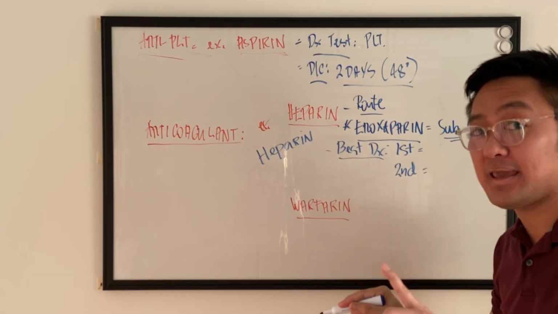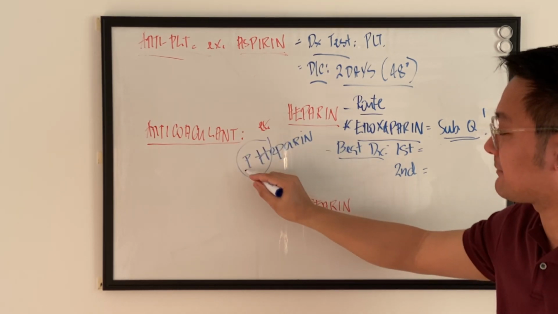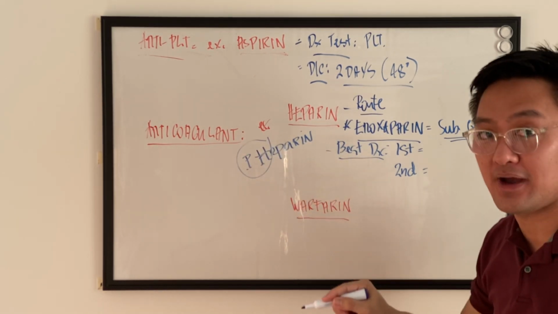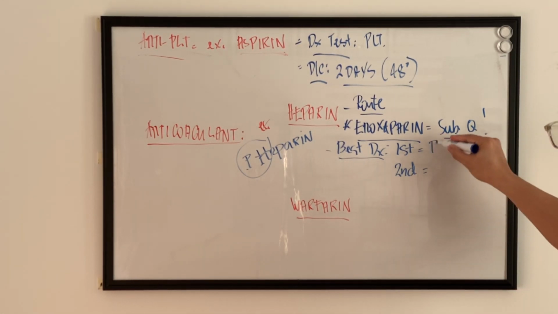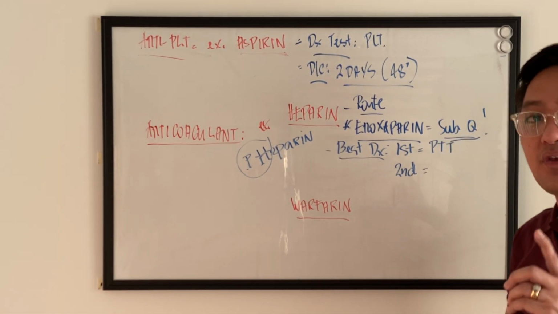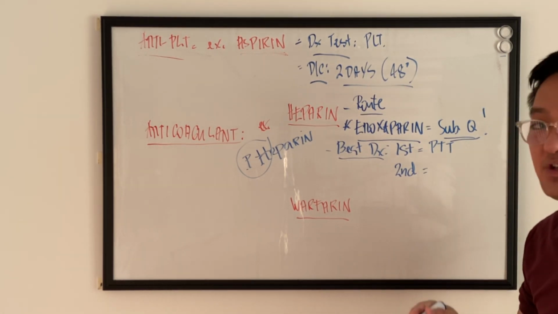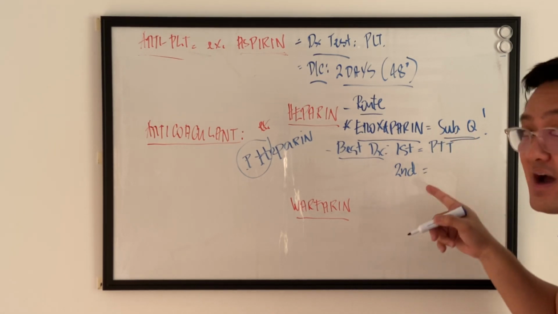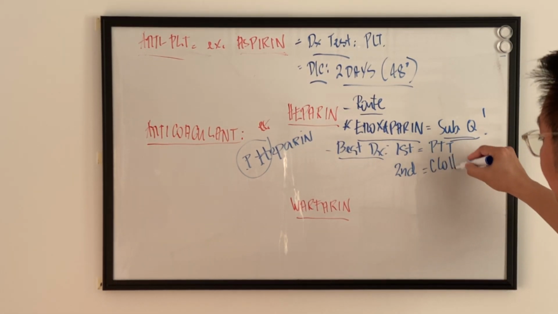If you put letter P prior to H, it looks like PTT. Am I right? That is the first answer, your PTT. If you cannot find PTT in the options, you have your APTT, right? That's your PTT. If you cannot find that in the options, your second answer will be your clotting time.